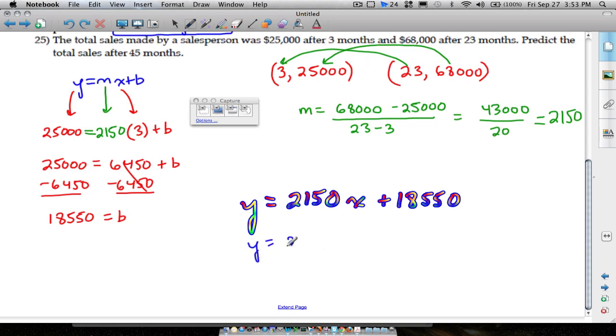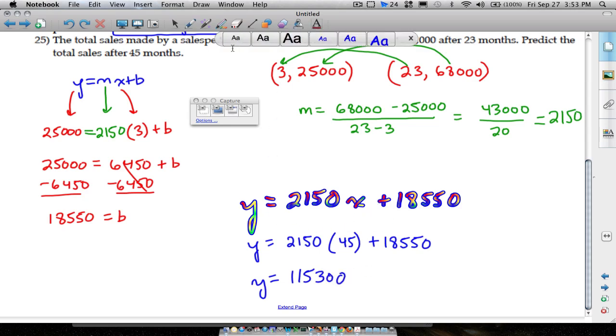So we have y equals 2150 times 45 plus 18,550. And go ahead and crunch all that out. So 2150 times 45 plus 18,550. We're looking at y equals $115,300.